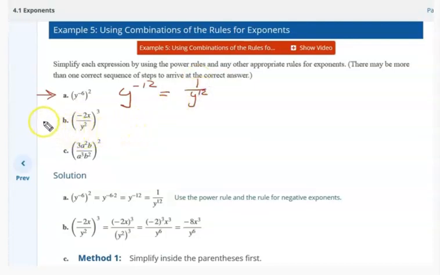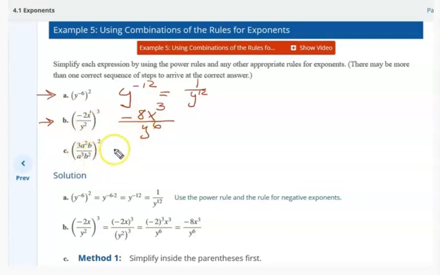Now for letter B, we're going to cube a negative 2, which becomes a negative 8. There's a 1 there. So this will be x to the 3rd all over y to the 6th, 2 times 3.